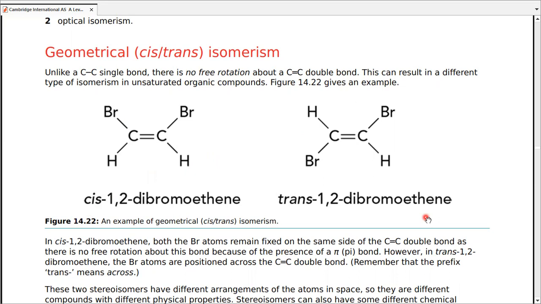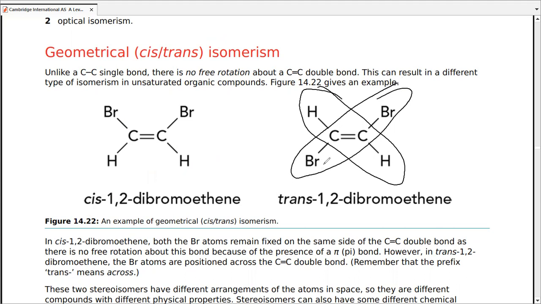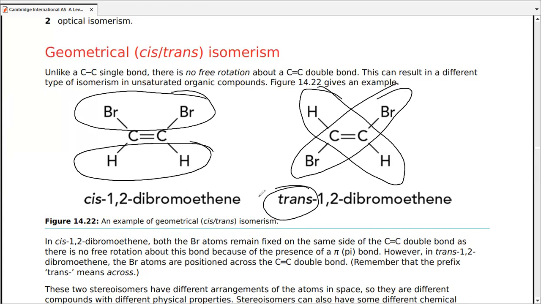When they're arranged diagonally around the carbon-carbon double bond, something like this, around the main diagonals, across the carbon-carbon double bond, we call them trans isomers. Now, if they are not across the carbon-carbon double bond, if they are on the same side of the carbon-carbon double bond, either up or down, that means they are cis isomers. Okay, that's how we define cis and trans isomers.